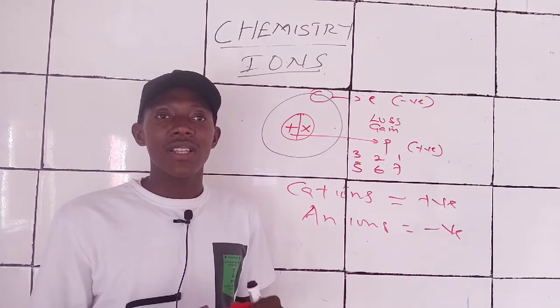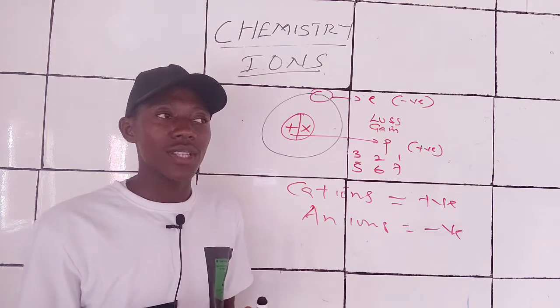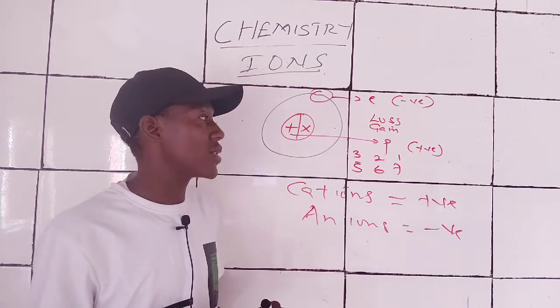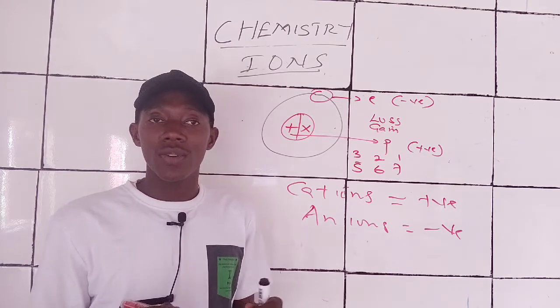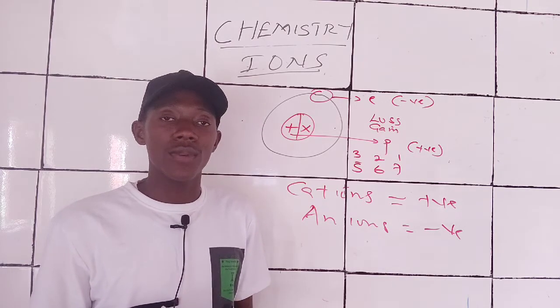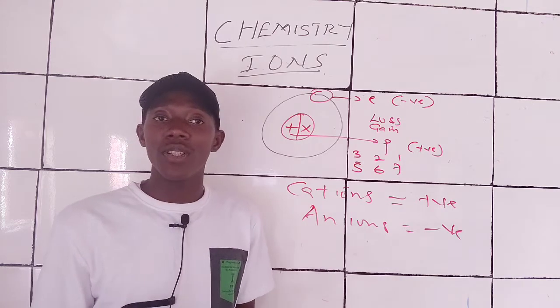I hope that gives us an insight on what these ions stand for and how we'll be able to identify them and write the corresponding charges of any element given to us.